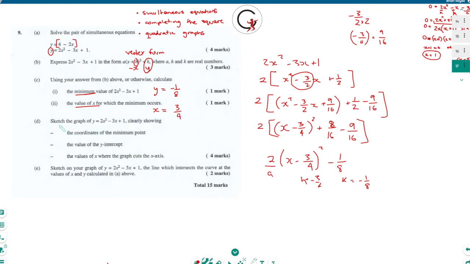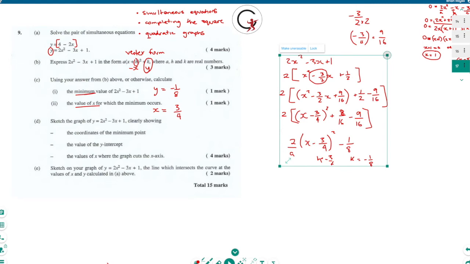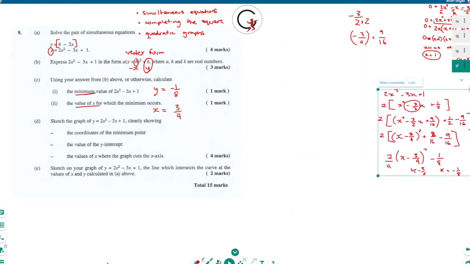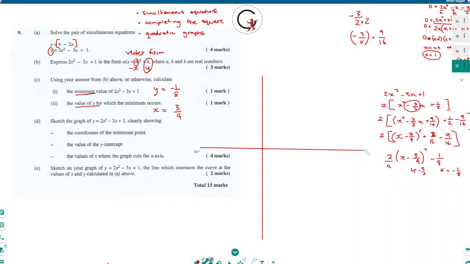Alright, D says, sketch the graph of that parabola, clearly showing the coordinates of A, the minimum point, B, the value of the y-intercept, and the values of x where the graph cuts the x-axis. Okay, so if we envision the sketch looking a bit something like this, where that's our y-axis, and this is our x-axis right here.